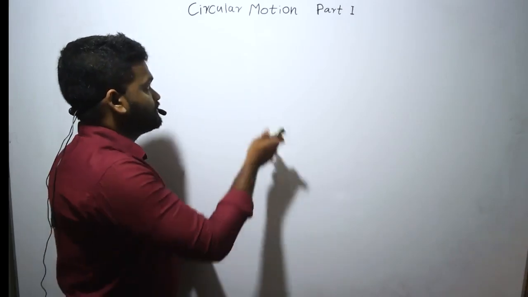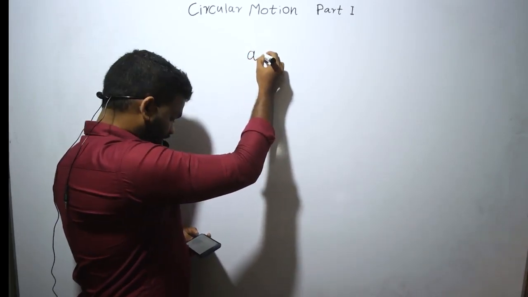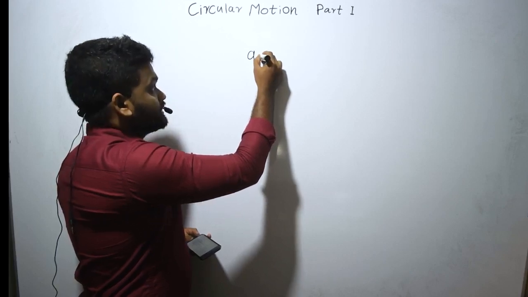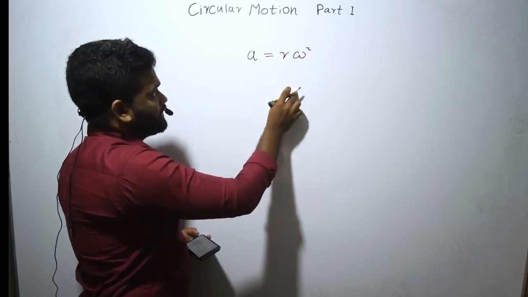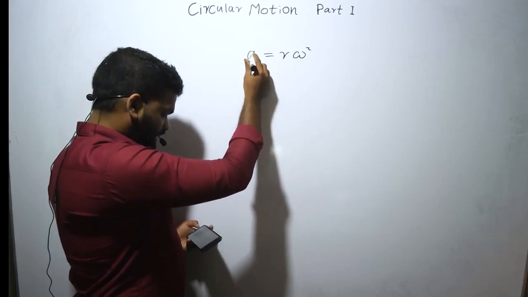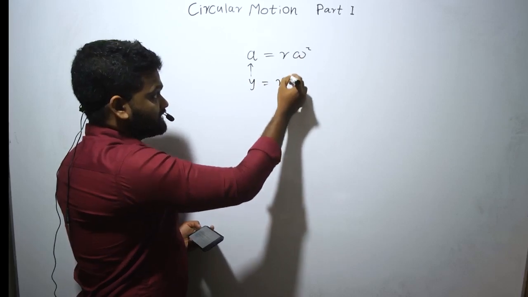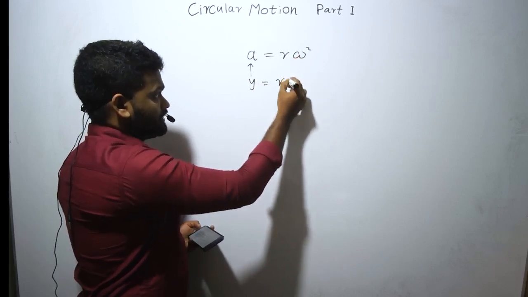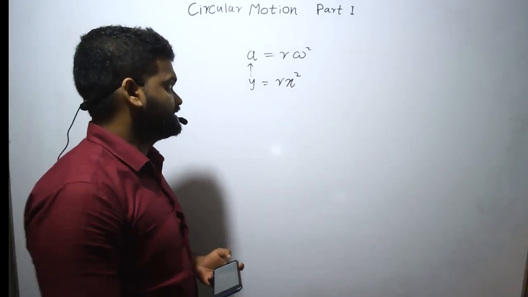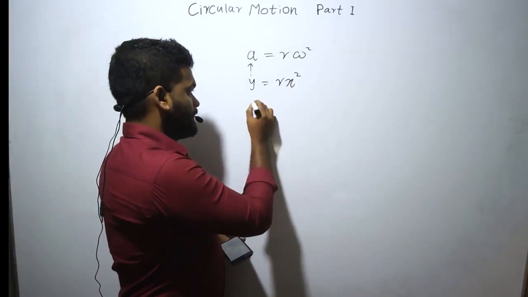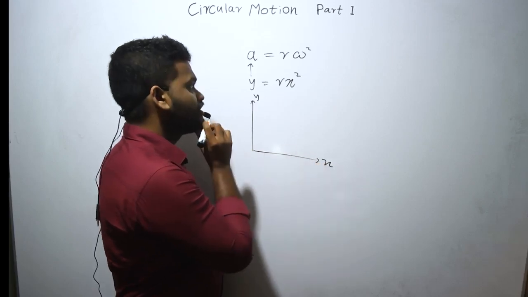This is an easy question if you know how to deal with graphs. So let's say the equation is a equals r omega squared. They say on the y-axis we have centripetal acceleration and on the x-axis we have omega. So this is y equals r x squared, right? So this axis y, this axis x. So what do we get?